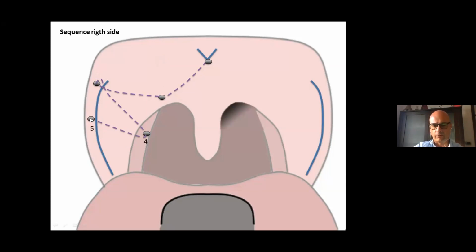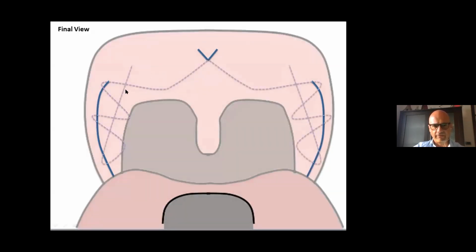Then, according to the anatomy of the patient, we can enter the tonsil fossa other times and do the same. We grasp the palatopharyngeal muscle, and we come back to the raphe in different areas of the palate. At the end, we come back medially and we cut the suture at this point.